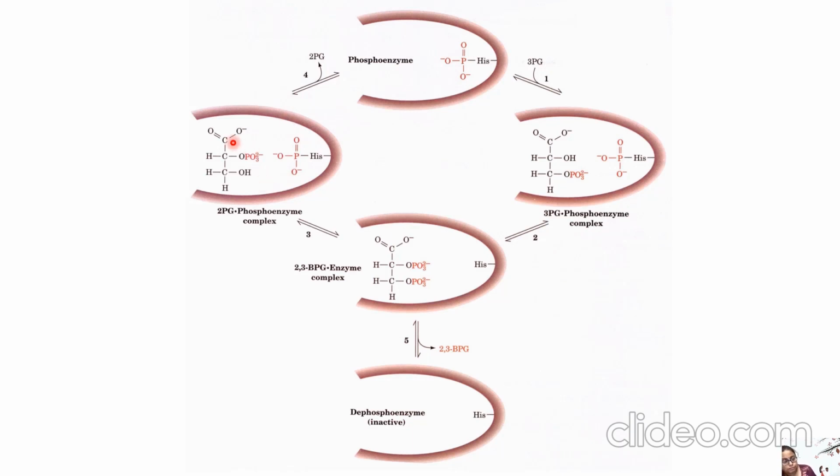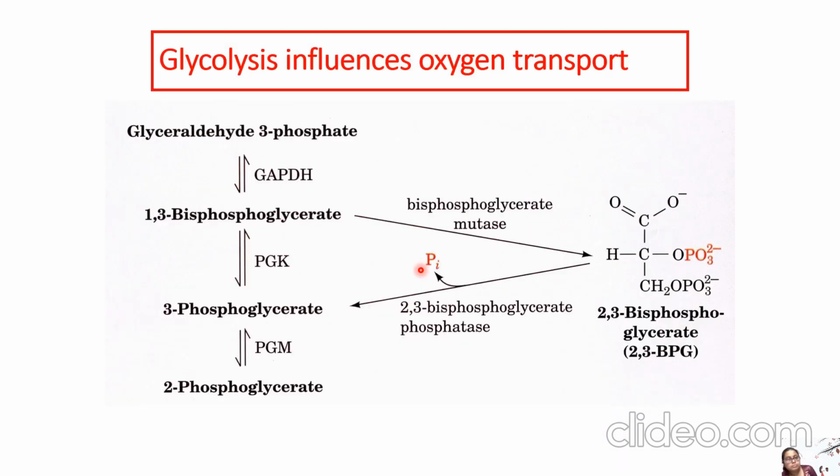It's a phosphoenzyme complex, then the 3-PG phosphoenzyme complex, then the 2,3-BPG enzyme complex, and then ultimately the inactive diphosphoenzyme, and histidine is on its own.